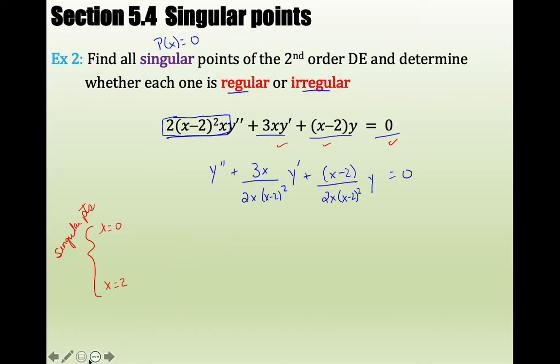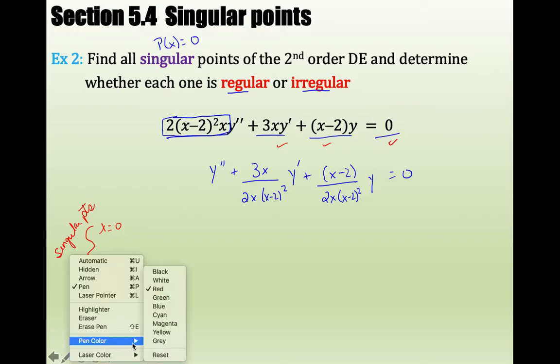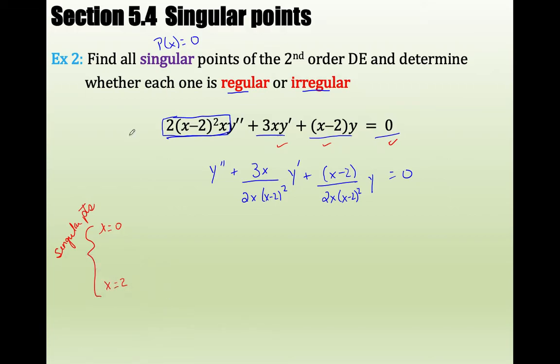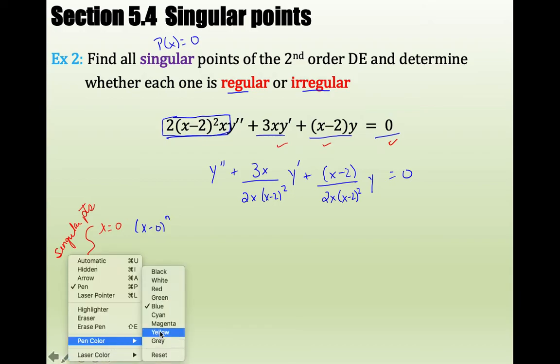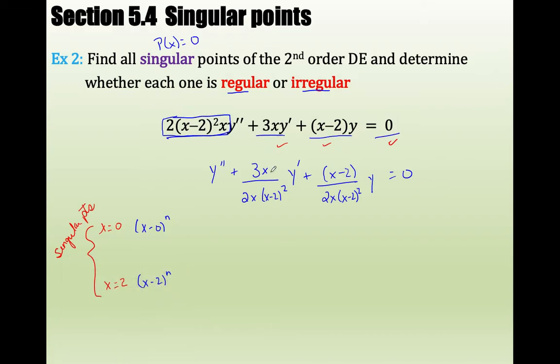So once they are singular, now I want to know about the factor with my singular point in it. So if I say x minus 0 to the n and x minus 2 to the n, right? If I now simplify up here, this x cancels out here.